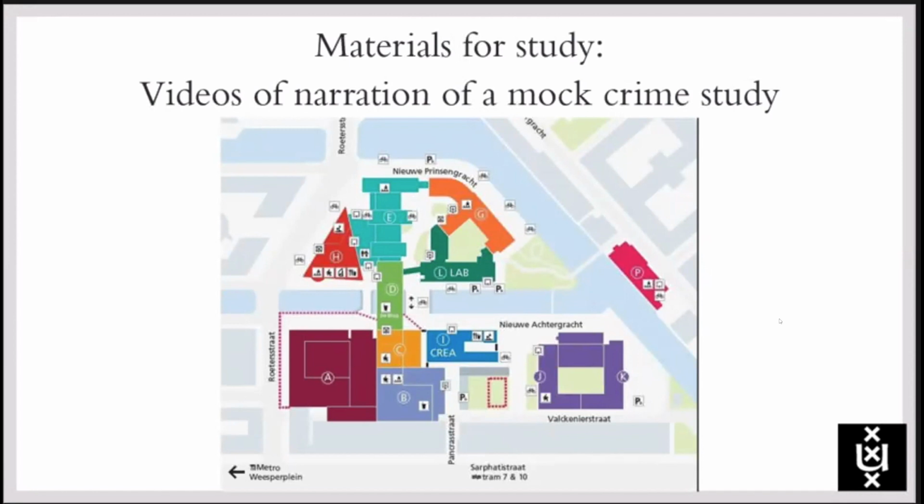And for the deceptive group, they had to steal an exam from the gym building in the university, and they were supposed to also come back to the lab and meet an instructor. So both groups had to come back to the lab and convince a researcher who was blind to the condition each person was in that they did not steal the exam paper. So the deceptive group were to lie about stealing the exam paper.